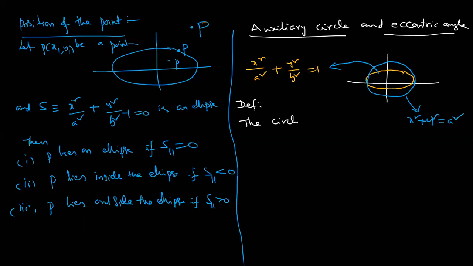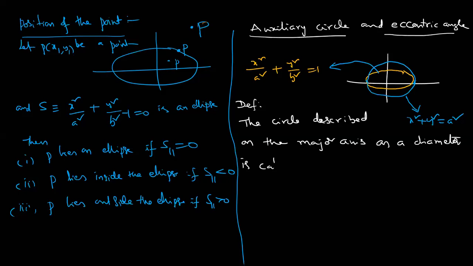The circle described on the major axis as a diameter is called the auxiliary circle.